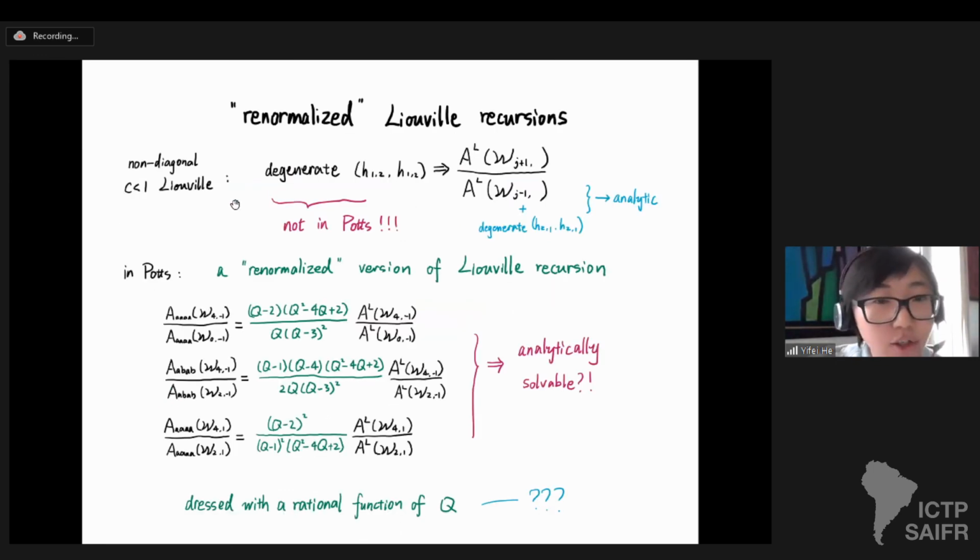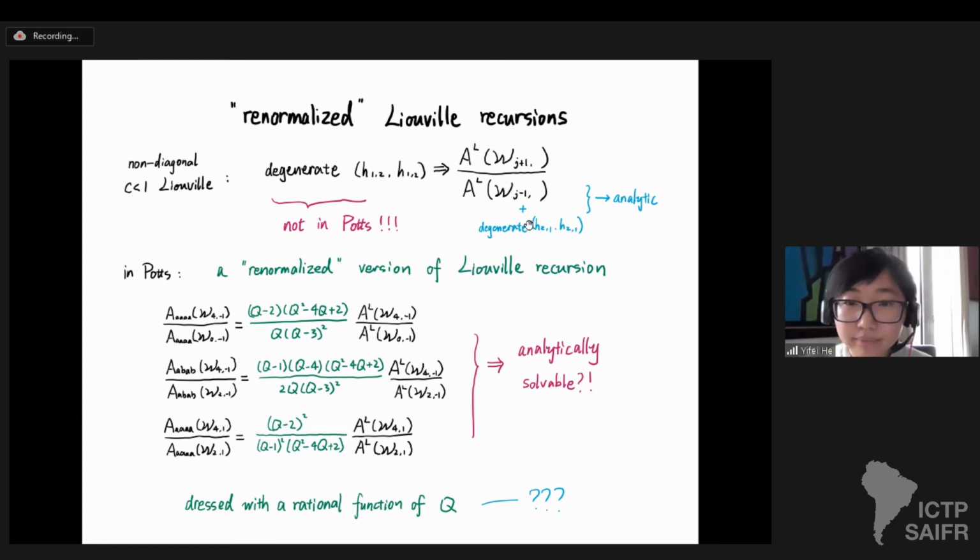And to finish, I will talk about an interesting observation from my perspective. As we have said, for the non-diagonal c less than 1 Liouville theory, there's another field which is degenerate, and it leads to another set of recursion for the amplitudes, which in the affine Temperley-Lieb language relates the amplitudes belonging to different modules.